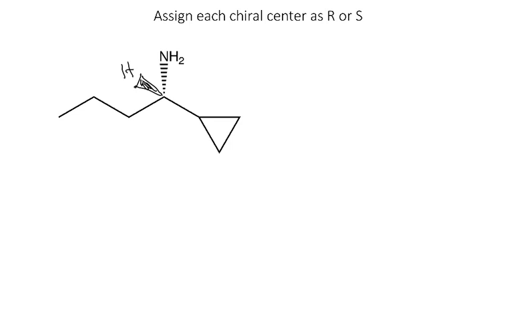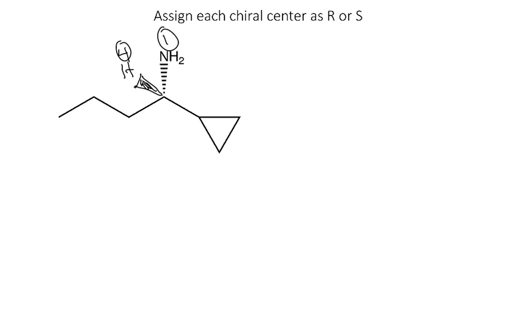And so when we go to assign priorities, I've got carbon, carbon, hydrogen, nitrogen. Nitrogen has the highest atomic number, so I know he's going to be 1. Hydrogen has the lowest, I know he's going to be 4. And then I've got to decide between these two carbons.